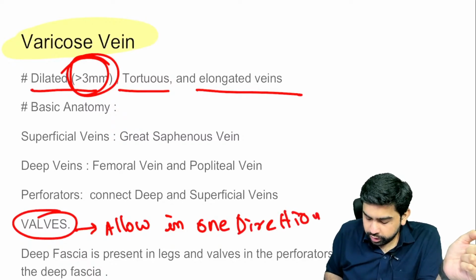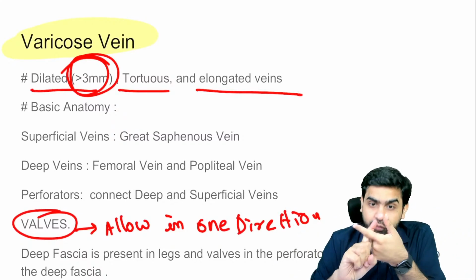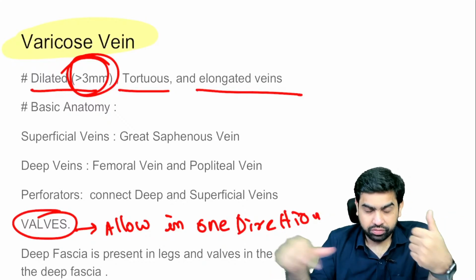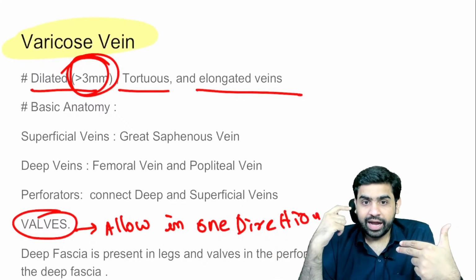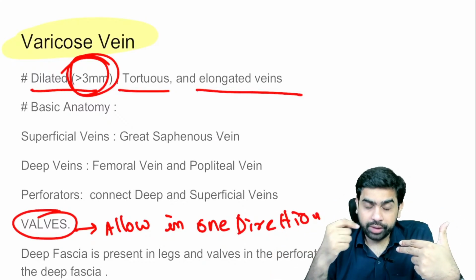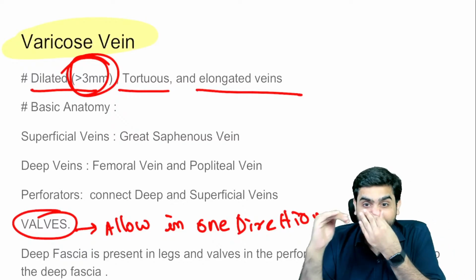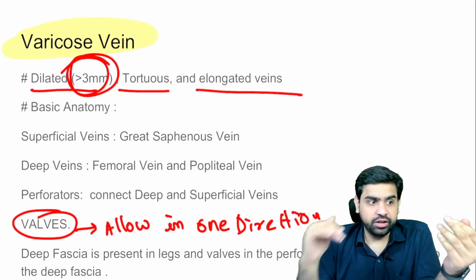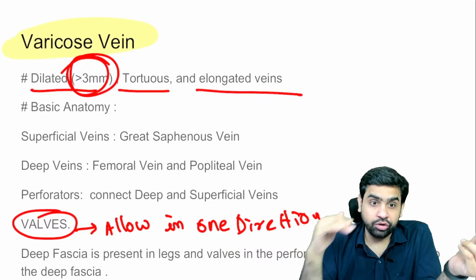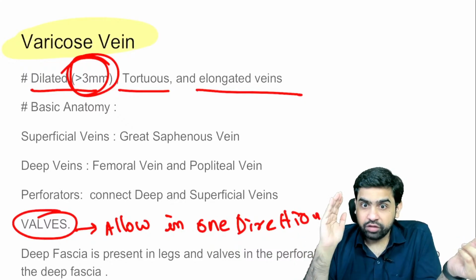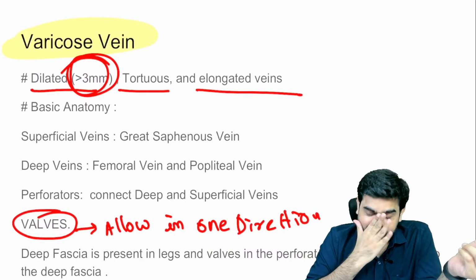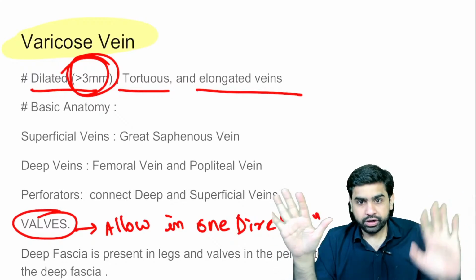Our superficial veins have valves, our deep veins have valves, our perforators have valves. So what you need to understand is that a varicose vein is formed because the valves are not functioning in a decent manner. Because of this, you have a varicose vein. I hope you have understood these points, guys.